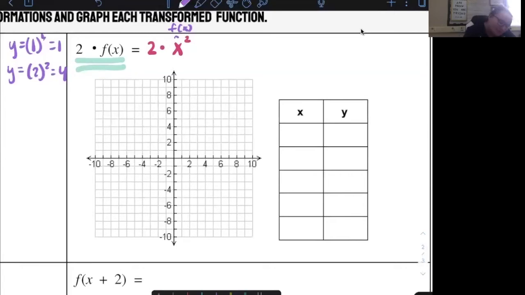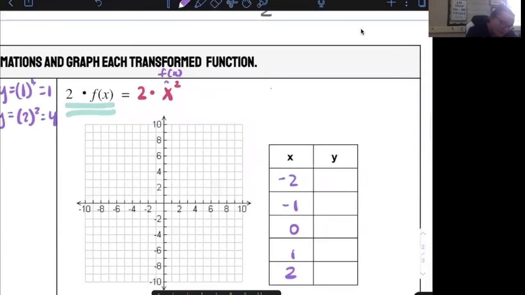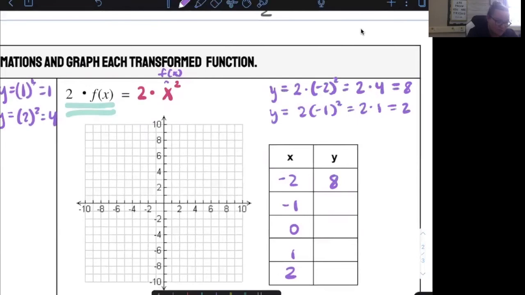But let's do -2, -1, 0, 1, and 2 and plug them in. So for -2, we're going to have 2 times -2 squared, which is 2 times 4, which is 8. Then 2 times -1 squared, which is 2 times 1, which is 2.